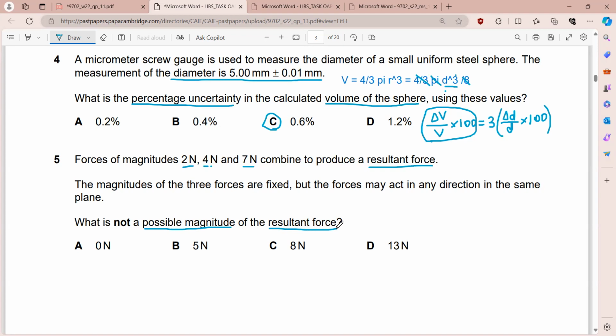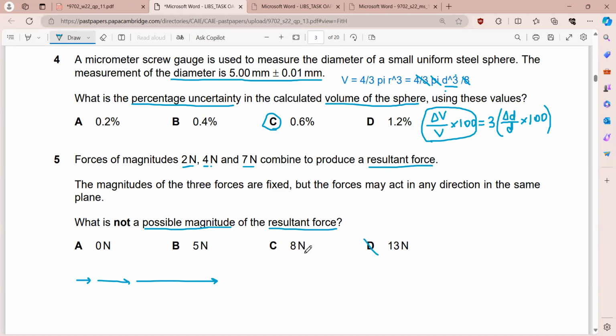So let's first think about, for maximum, it'll just be 2 plus 4 plus 7, meaning they all act in the same direction, so they'll add up. Say this is 2 Newton, this is 4 Newton, this is 7 Newton. They will all add up. So the maximum value, 2 plus 4 plus 7, is 13. So this is definitely out of the picture.